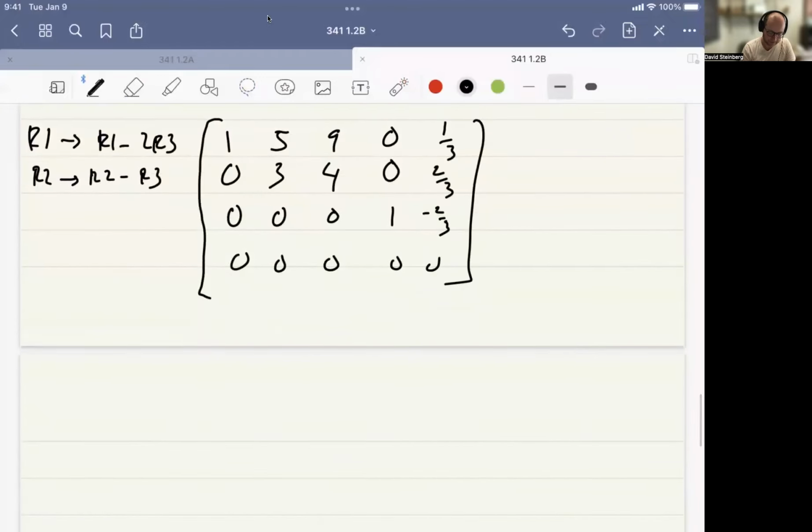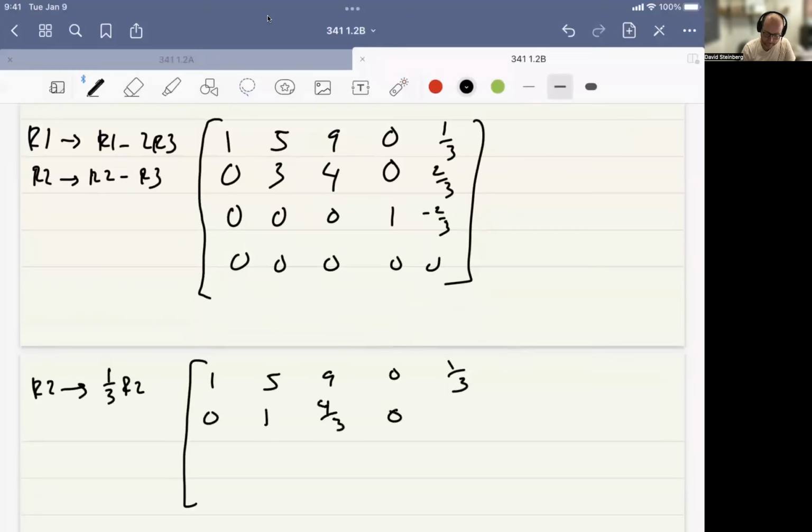Okay, so let's go row 2 gets scaled by 1/3. 1, 5, 9, 0, 1/3, 0, 1, 4/3, 0, 2 ninths, 0, 0, 0, 1, -2/3, and all zeros again.